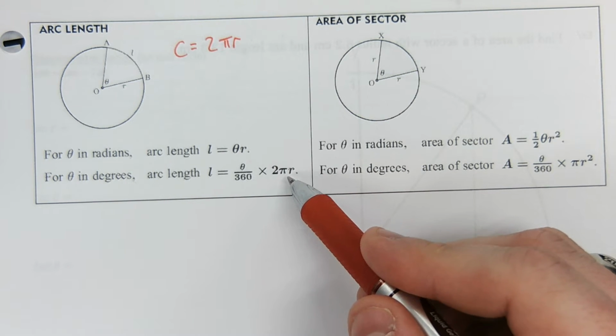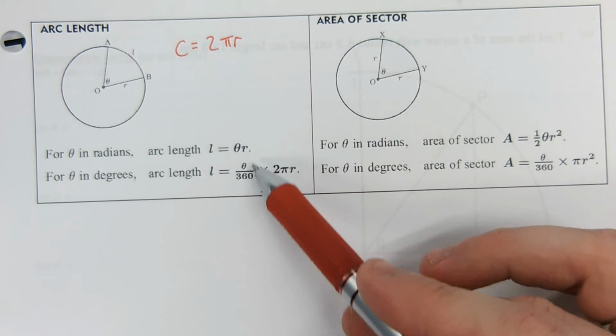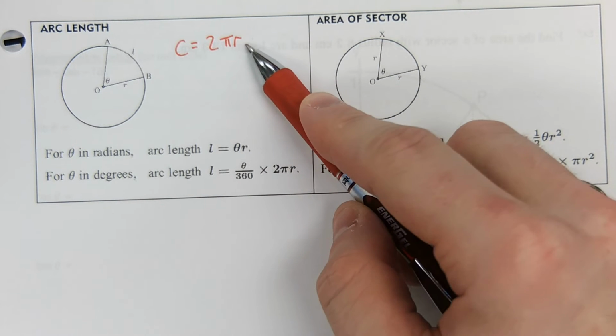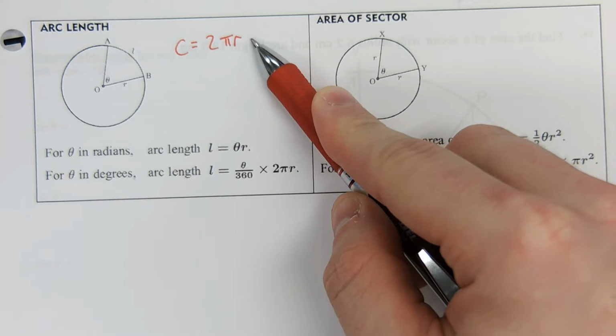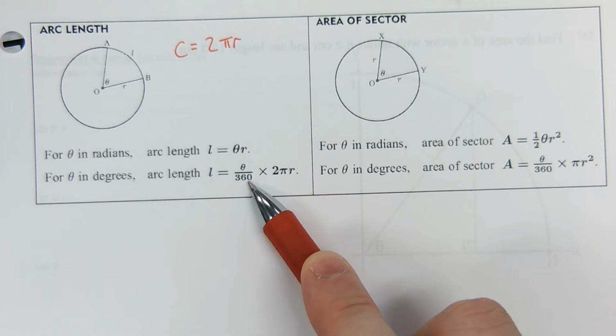See? So this would be your circumference if your theta was 360, because you'd have 360 over 360. But the point is, if your theta is, let's say, 90 degrees, that's a quarter of the circle. So you could either do 2 pi r divided by 4, because you realized that 90 was 1/4 of the circle, or you could just do 90 divided by 360, which is 1 divided by 4, times 2 pi r.